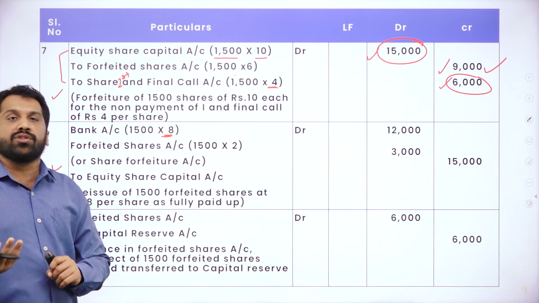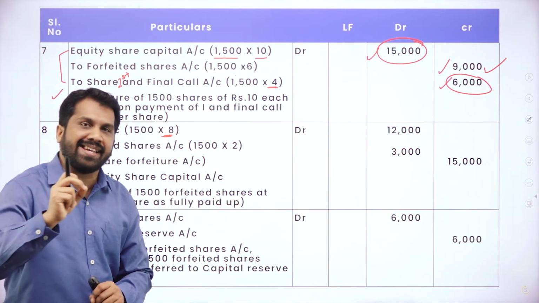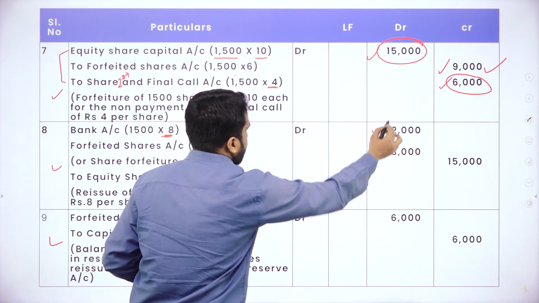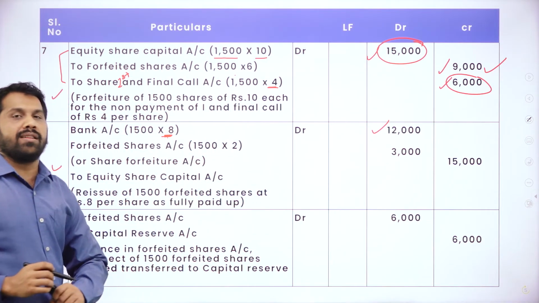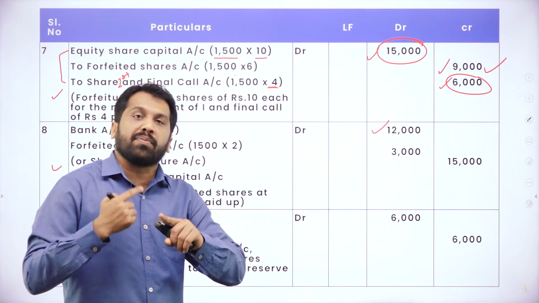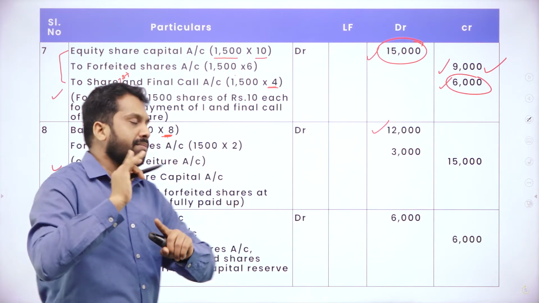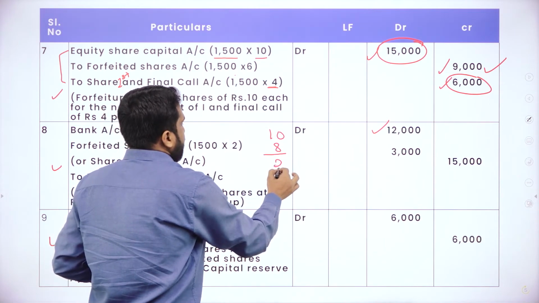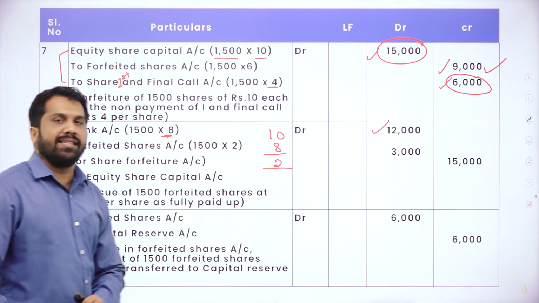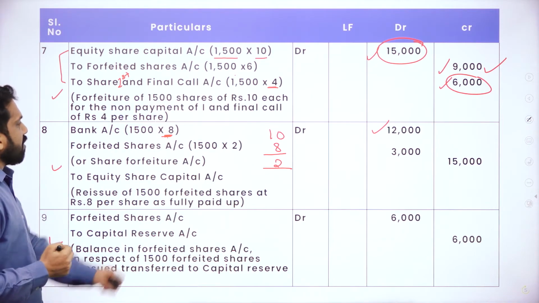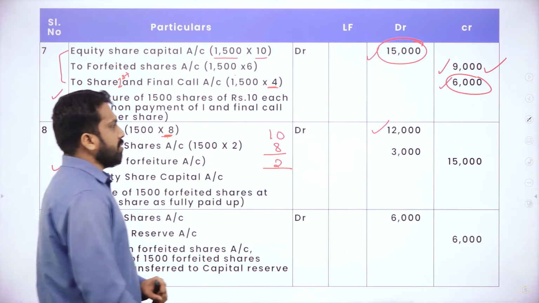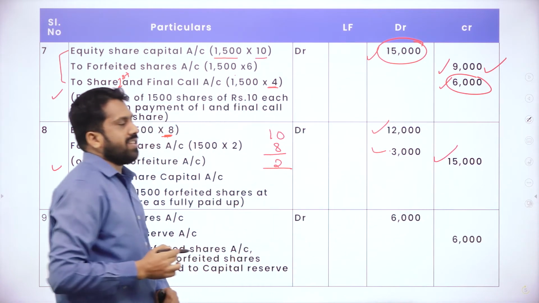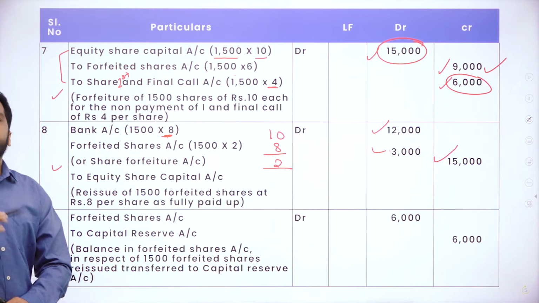While explaining the question, I told you: 8. 15,000 into 8 is 12,000. Actual value is 10, and they are selling for 8. Means 10 minus 8, the loss is 2 rupees. Now, 15,000 into 2 is 3,000. 12 plus 3 is 15.